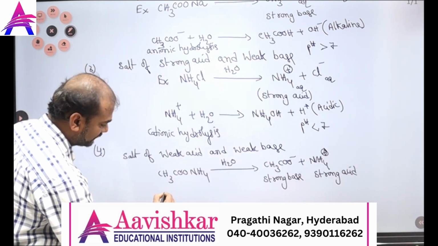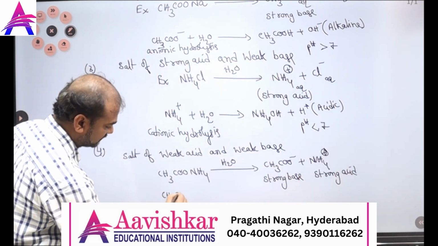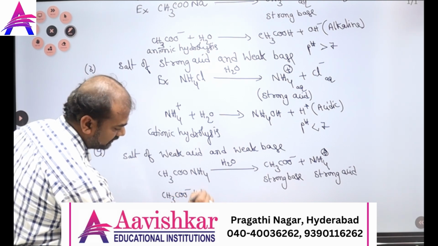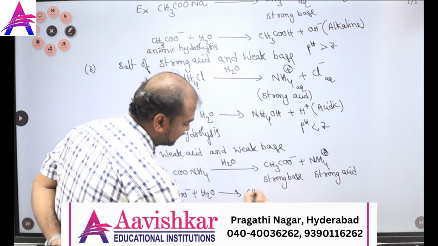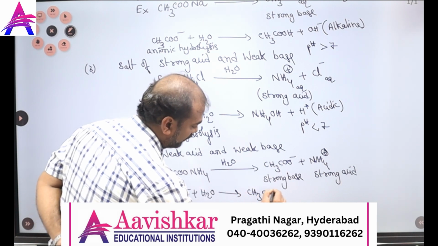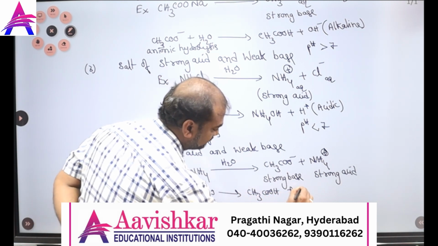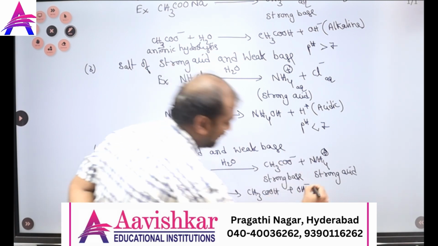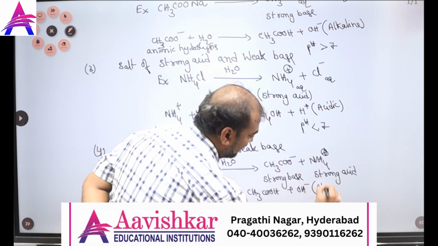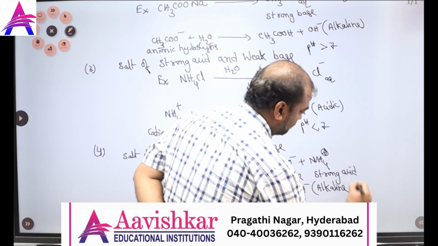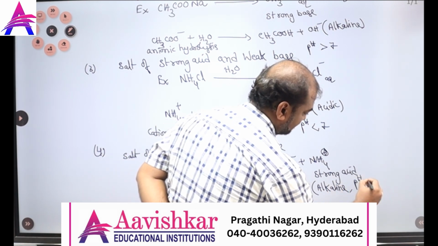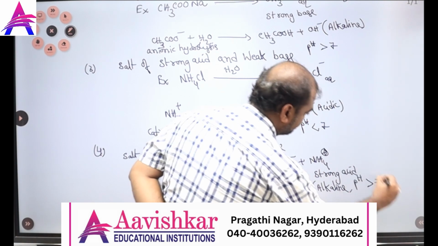CH3COO- reacts with water and gives CH3COOH plus OH-, that means alkaline, basic in nature, with pH greater than 7.